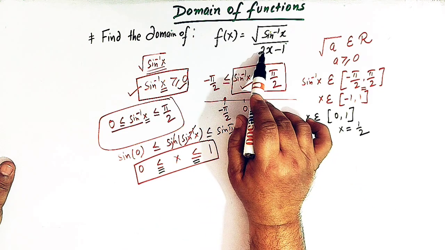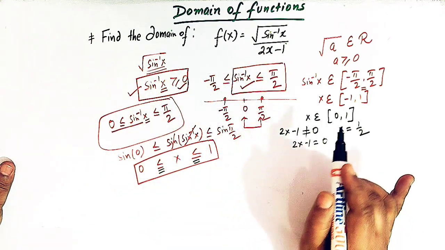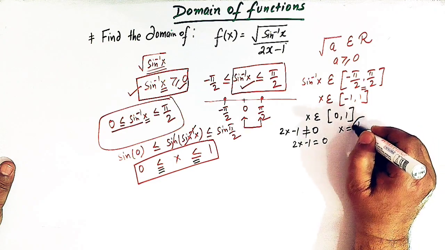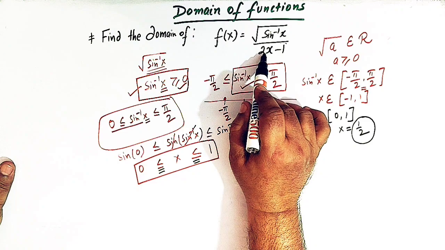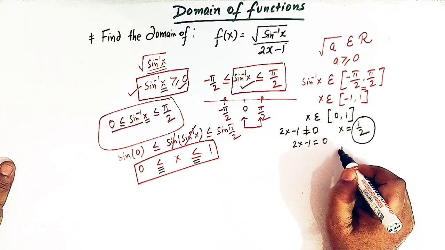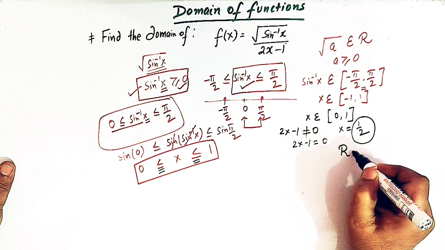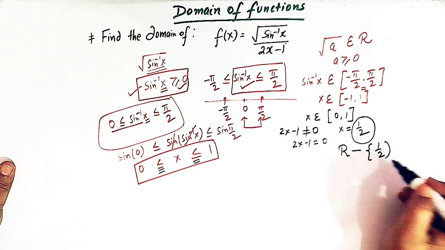So the expression is valid for all real numbers except x is equal to half. So the domain of 2x minus 1, which is in the denominator, is all real numbers except this value, that is half, right?